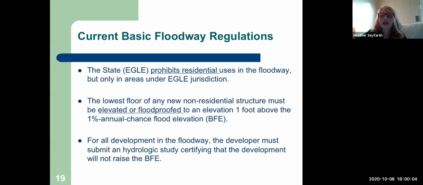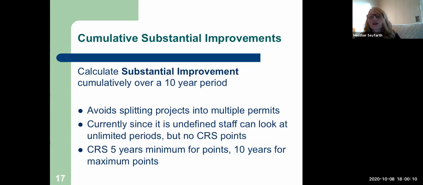The first question is about slide 17, cumulative substantial improvements. A 10-year accumulation period is far too draconian an approach to make sure that single projects are not split into multiple permit applications in order to avoid substantial improvement thresholds. Sarasota, Florida, for instance, identifies what it would consider to be splitting or phasing tactics.